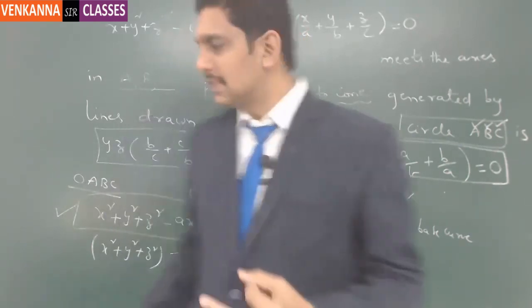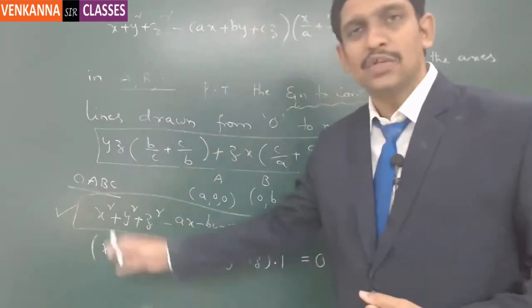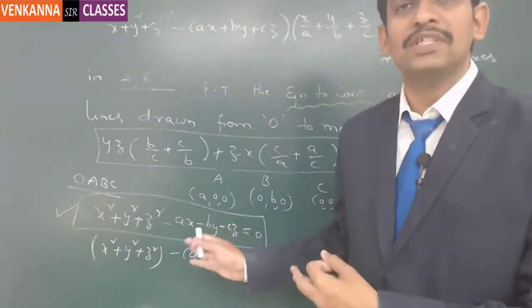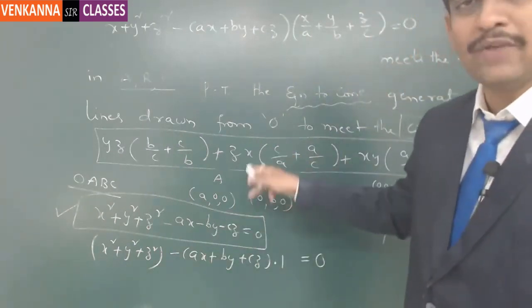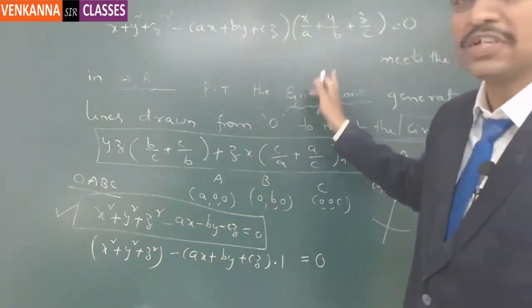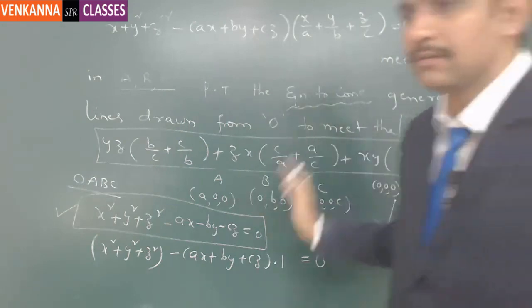And third, if we make this homogeneous, it gives the required result. So by substituting the respective value, you will get the homogeneous equation, which is our solution. Okay?